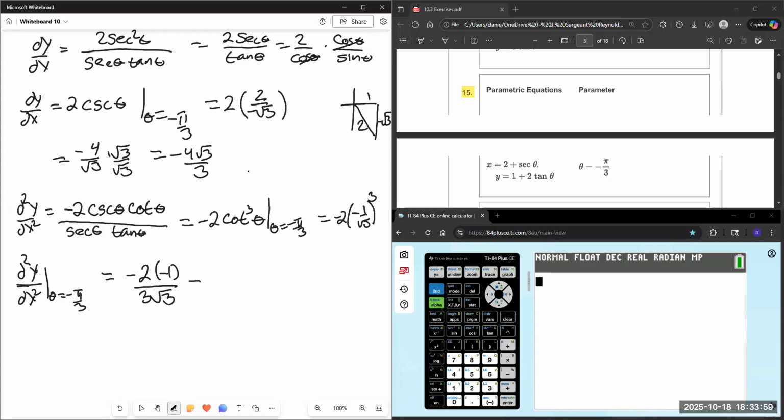This will be 2 over 3 root 3 times root 3 over root 3, which is 2 root 3 over 9, which is positive and will be concave upward. Number 21.